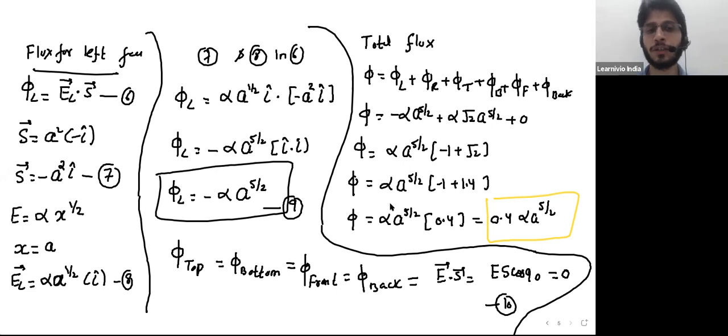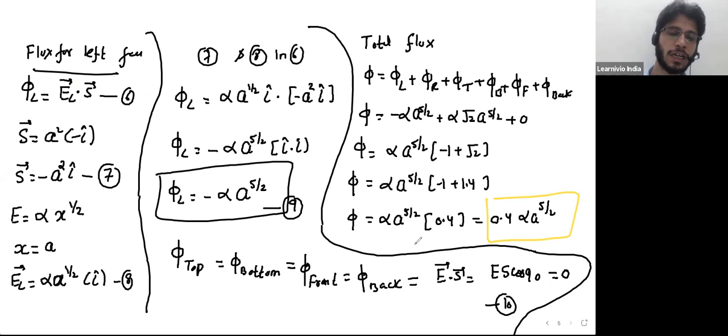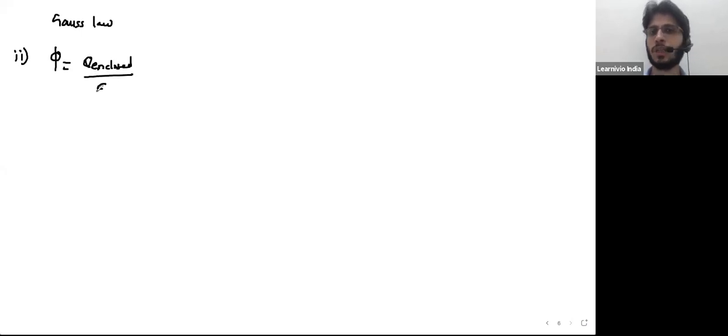So that's the first part. This is how we calculate flux. For the second part, you're supposed to calculate the charge enclosed. So Noor, can you tell me how would you calculate the charge enclosed? The flux is equal to charge by... Yes. Now I can use Gauss law. I can say that flux is Q enclosed divided by epsilon naught.